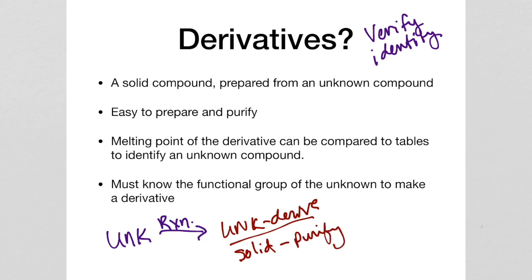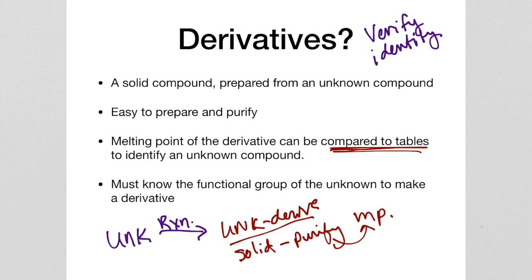And the idea behind getting a solid that's very easy to purify is that you're going to be able to get very good melting point data of it. Then you're going to take that melting point data and compare it to big tables of standard data for compounds. Okay?